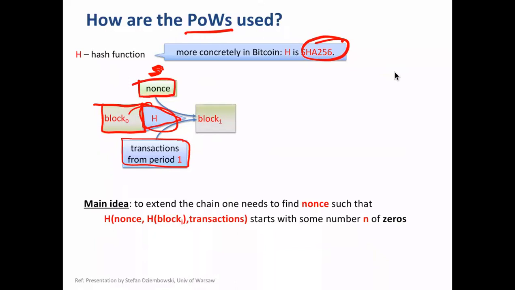Now this puzzle is that the hash of the nonce, the previous block, and the transactions will start with n zeros.